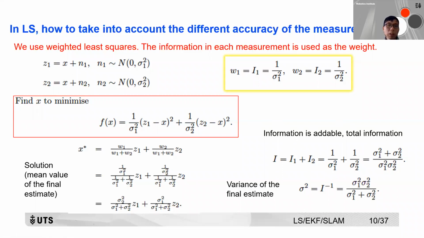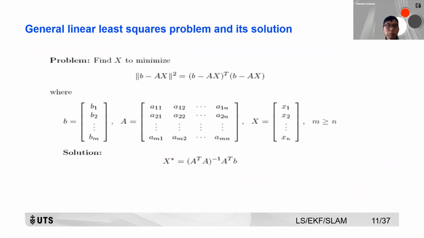It tells you how we can use the information from the different measurements and formulate it as a weighted least square. Now for a very general least square problem, it's given in this format. It's B minus AX transpose times B minus AX.